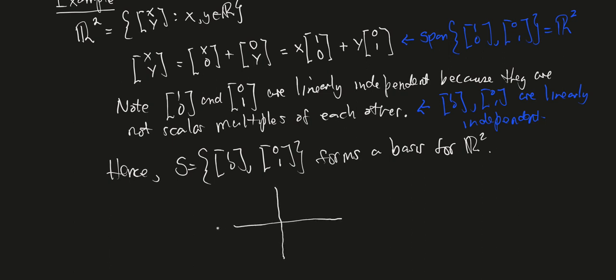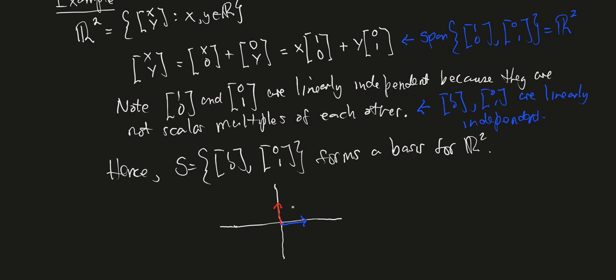Well, if I draw these vectors, both of them with the initial point at the origin, this vector 1, 0 would go from the origin, and then it would terminate 1 unit in the positive x direction, right? And then the vector 0, 1, again, if I draw it with the initial point at the origin, would terminate 1 unit in the positive y direction, right?